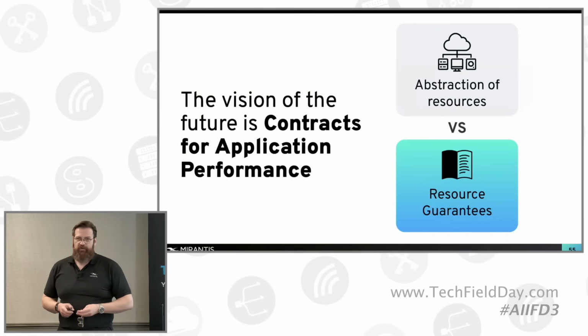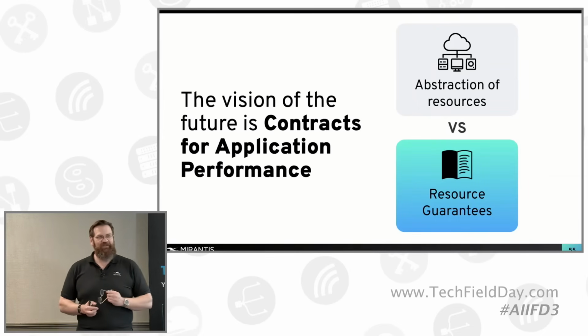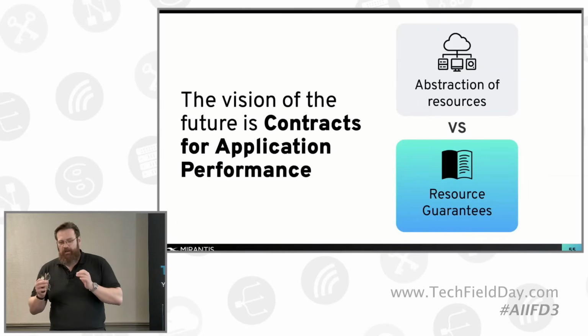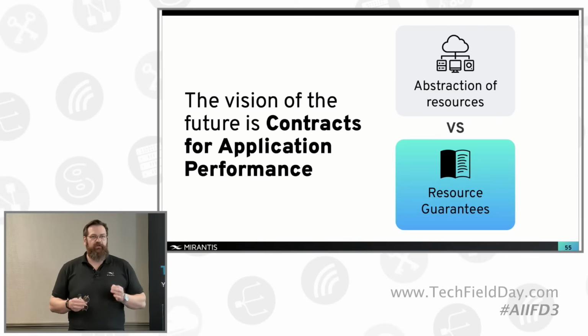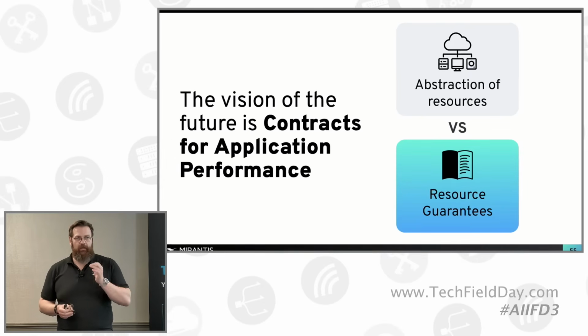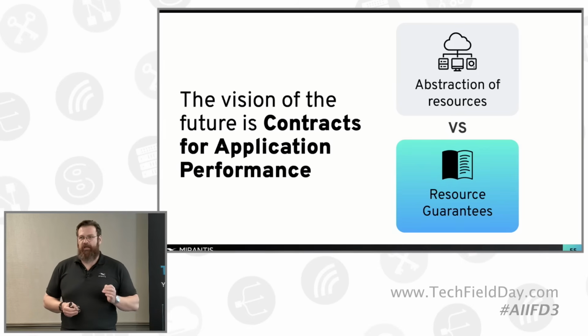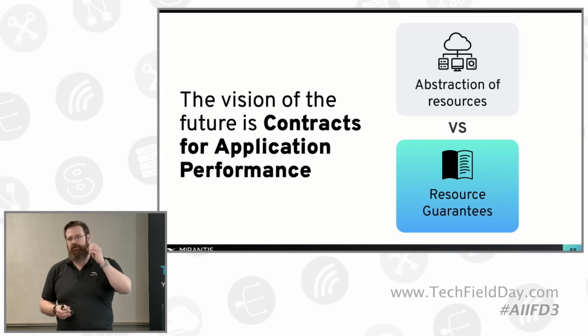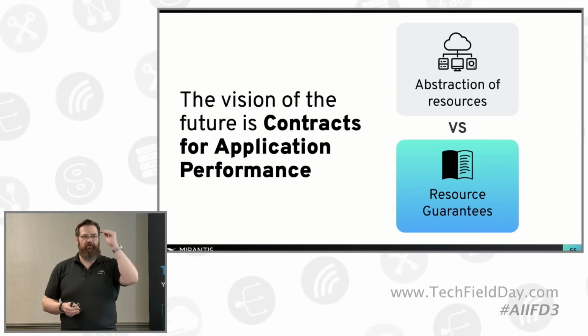And I'm going to close with this. I promised I would do a little bit of a shill here. Our vision for the future of infrastructure for applications is around contracts for performance of infrastructure. What we're talking about here is instead of defining infrastructure from the point of view of, I need so many GPUs, I need so many CPUs, you're starting to set a performance criteria that is matched by the infrastructure and application environments.